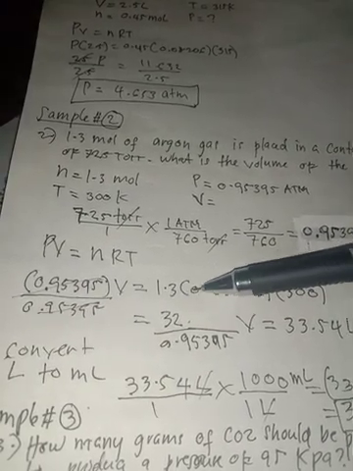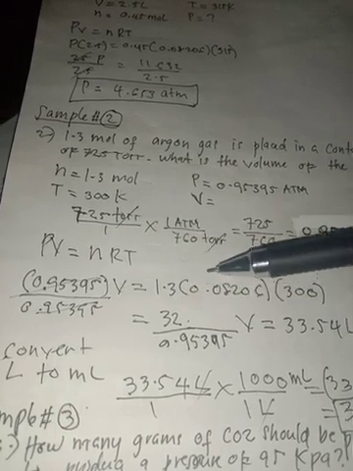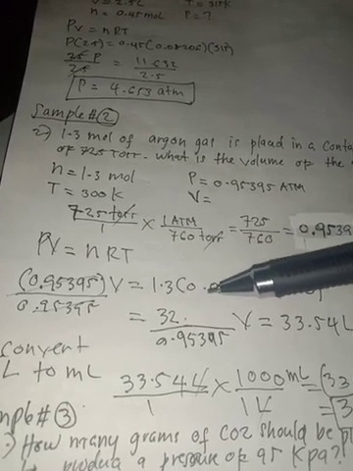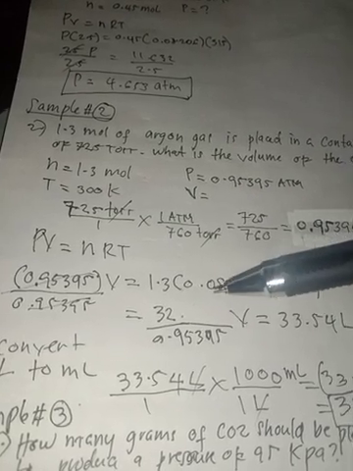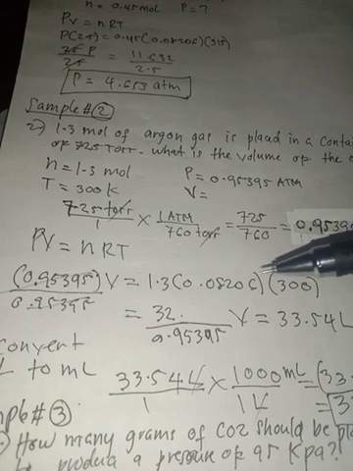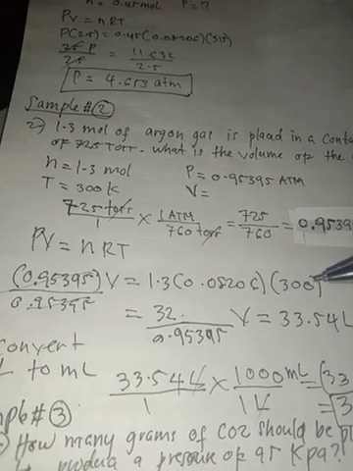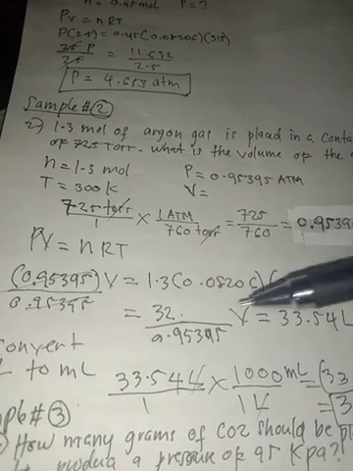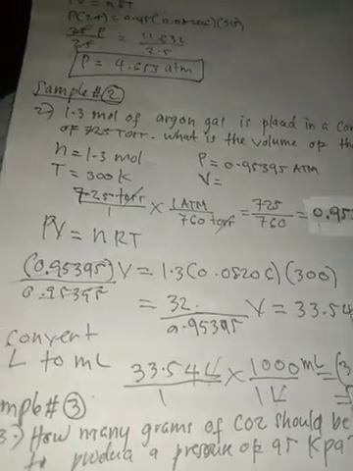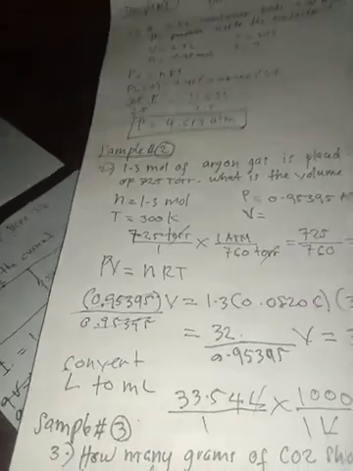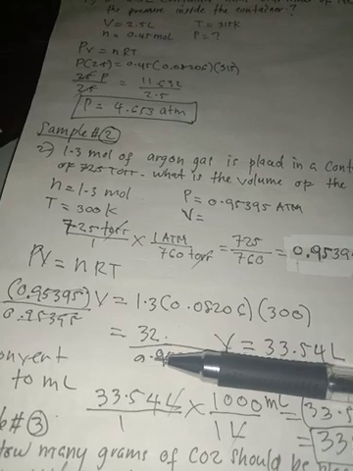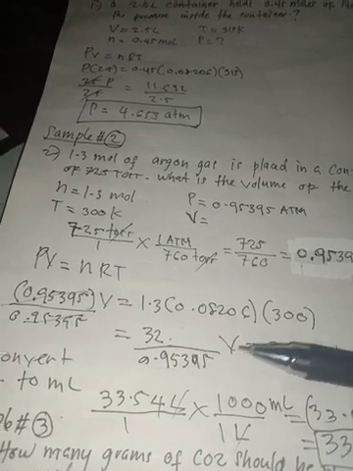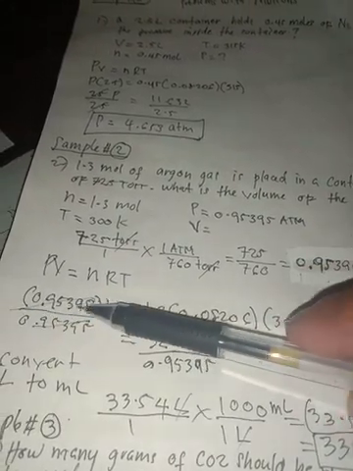So 1.3, the number of moles, times the universal gas constant, 0.08206, times 300 Kelvin. The answer is 32. So 32 divided by 0.953. Before that, we are going to cancel this one.